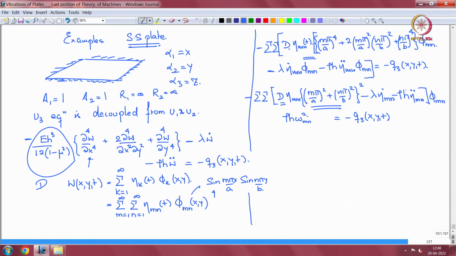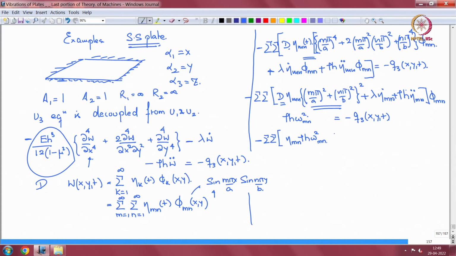Okay, so I get minus double sum eta mn rho h omega square mn. The minus is outside, then these should be pluses. Minus is outside, these should be pluses, sorry.